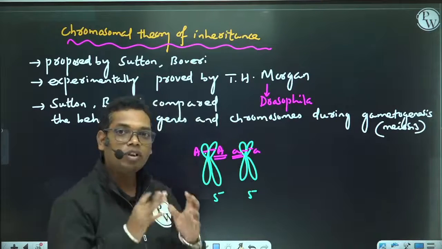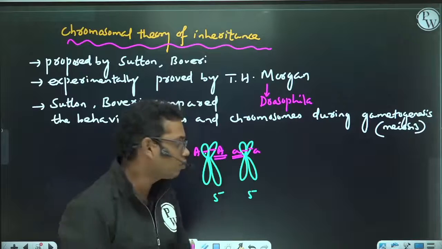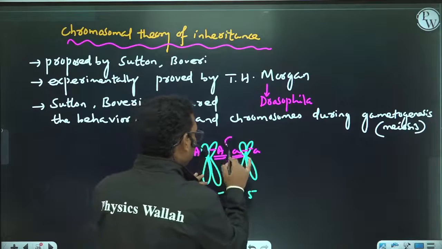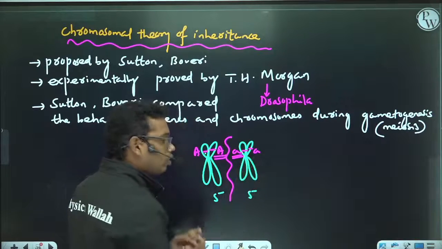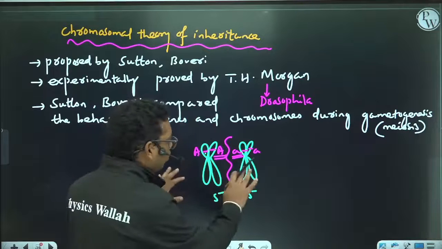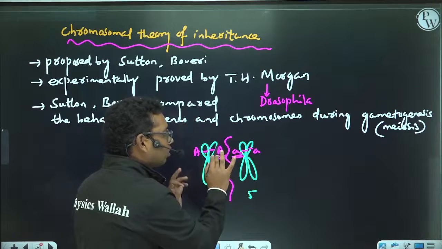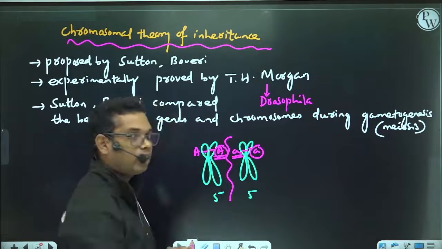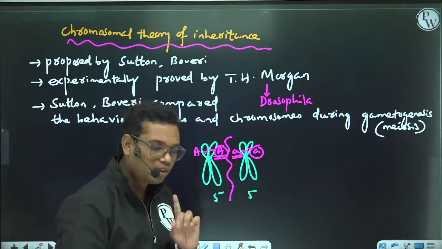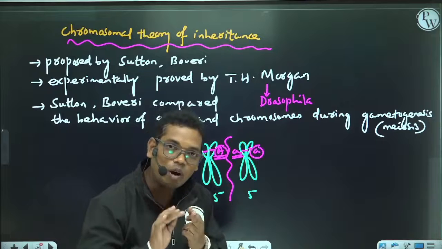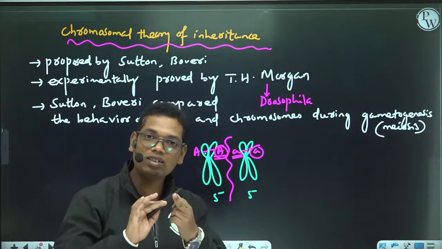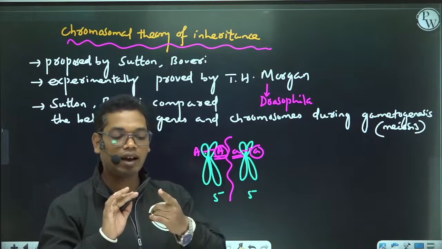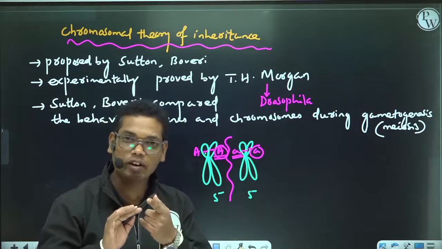Third point, during anaphase I, these two chromosomes will separate from each other. When they separate from each other, the alleles or the factors capital A and small a will also get separated. So what are the points? First point, in diploid cell, both genes and the chromosomes occur in paired condition.